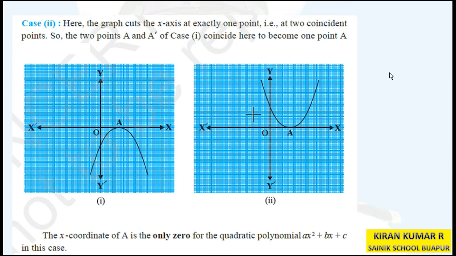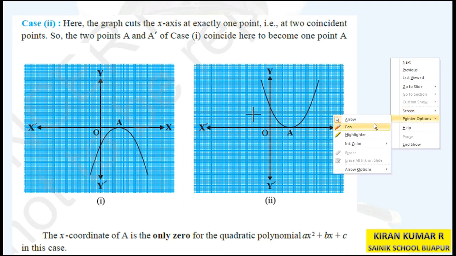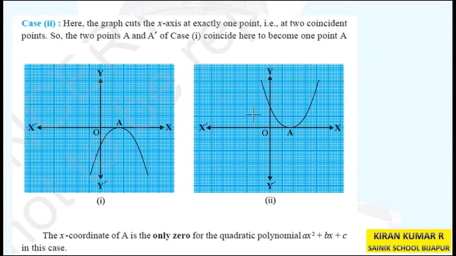Look at this case. Here the graph cuts the x-axis at exactly 1 point, that is, at 2 coincident points. What does this mean? If you have an equation, say y = x² - 4x + 4, we have learned the identity.